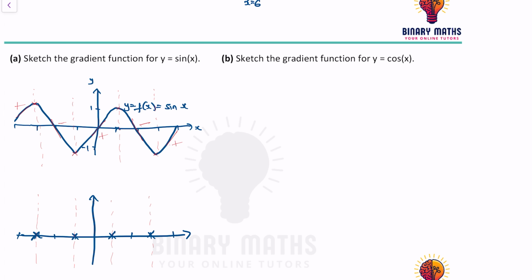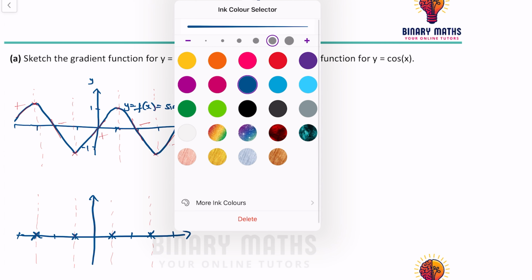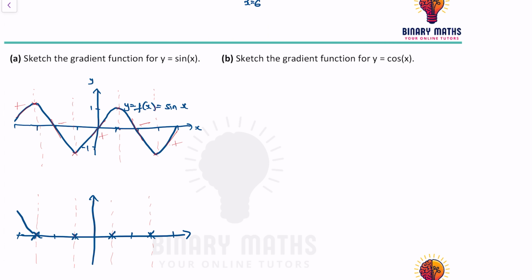So if I were to sketch it out, first part is positive, then it's negative at some point going back up, then it's positive, going back up, and then it's negative, then it's positive. So this is y is equal to f dash of x.